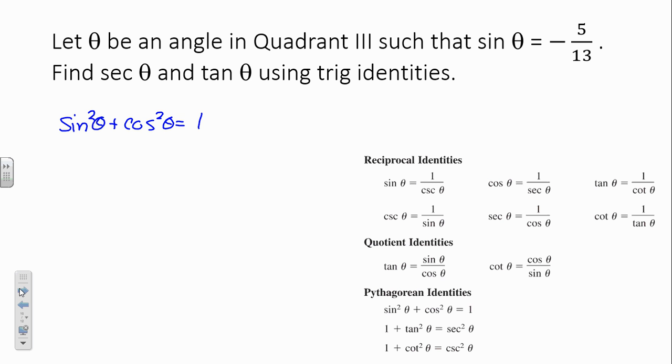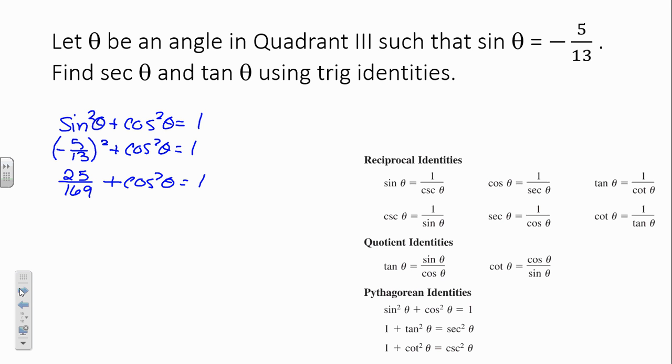Let's take sine squared and let's take a negative 5/13 and square it. 5 squared is, 13 squared is, so let's take that 25/169 to the other side, right?